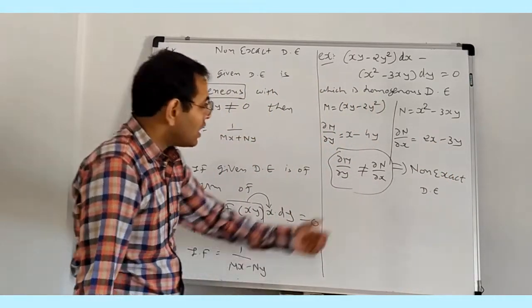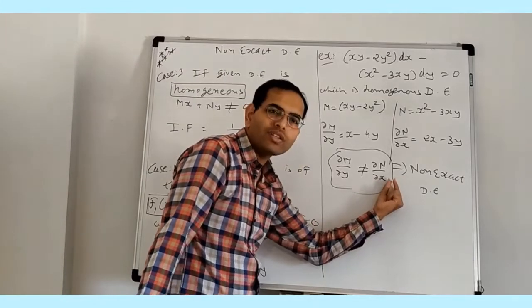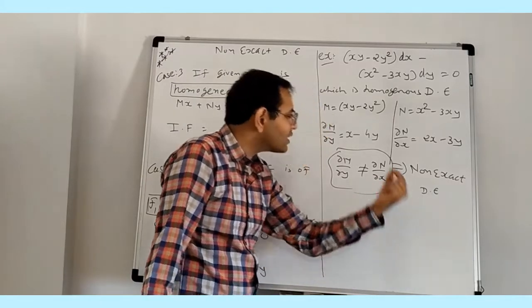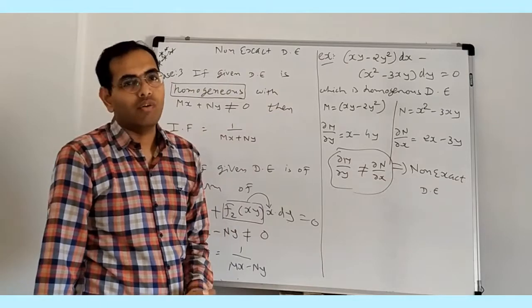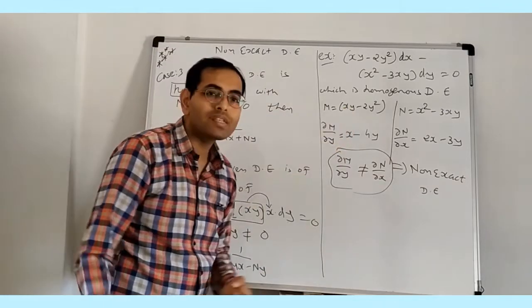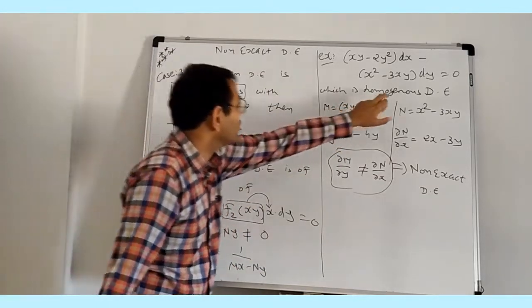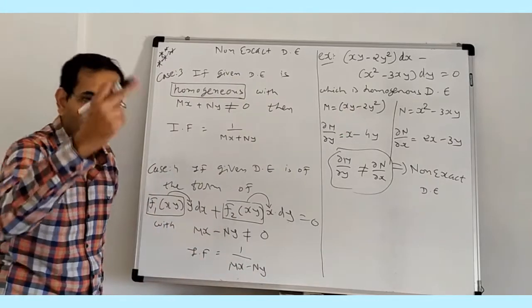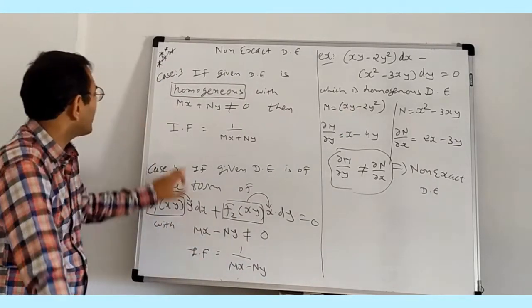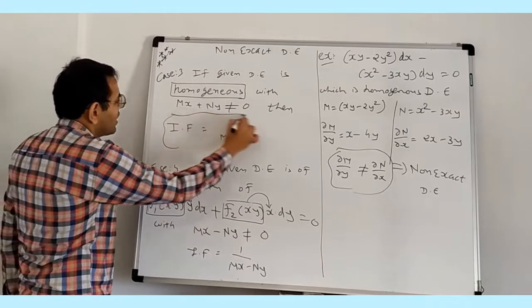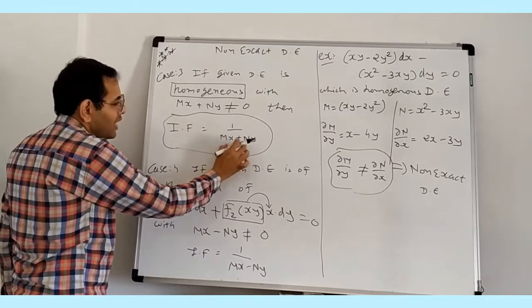Then our differential equation is a non-exact differential equation. Now convert this non-exact differential equation to exact differential equation form. Here we use case 3 because it is a homogeneous differential equation, so the integrating factor is 1 upon Mx plus Ny.